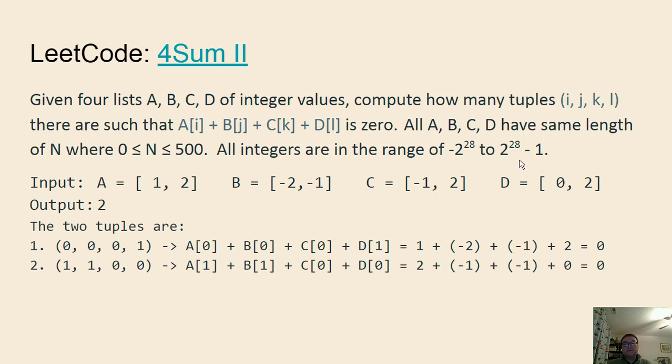Then we do the same thing for all combinations of C and D, which also takes n squared time. So we have n squared plus n squared, which is still big O of n squared. Now we have 2 sorted arrays, each with at most n squared elements. Then we can use 2 pointers to find out whether we can construct a 0 from them.